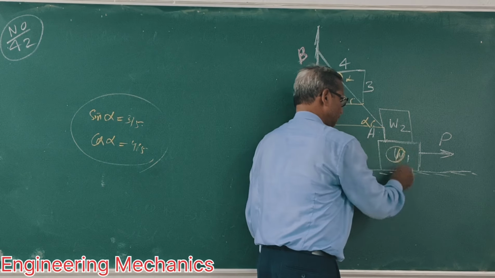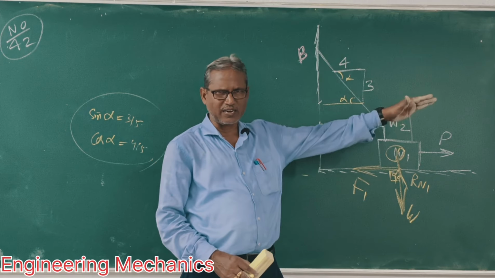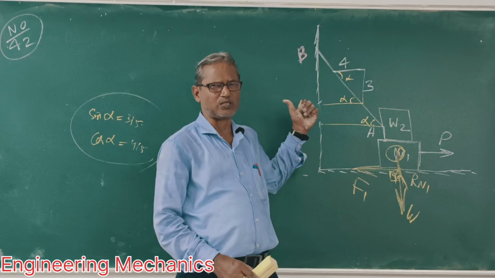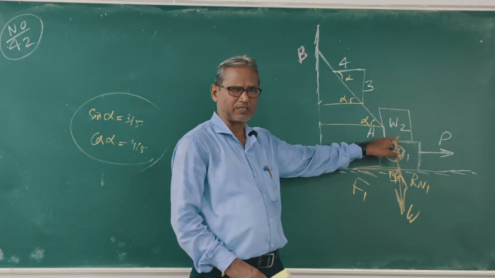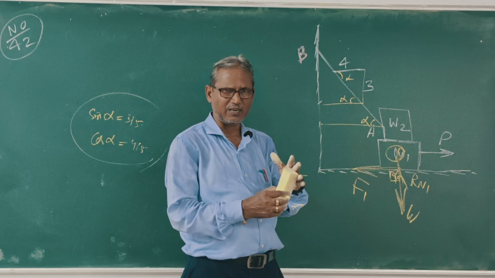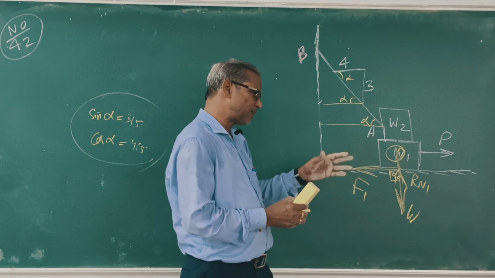Clear? The force is applied towards the right, so friction will act towards the left. At this contact surface, where both the blocks are in contact, this is reaction Rn2. This is friction F2. Clear? This is for block 1.